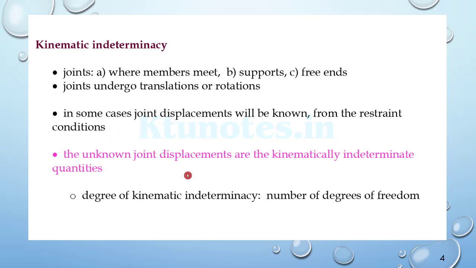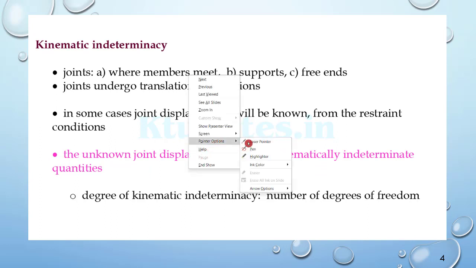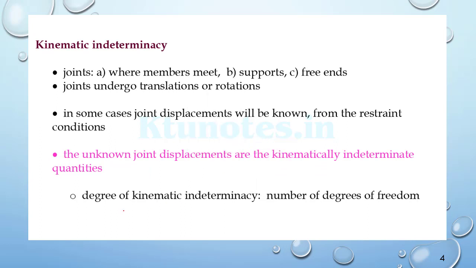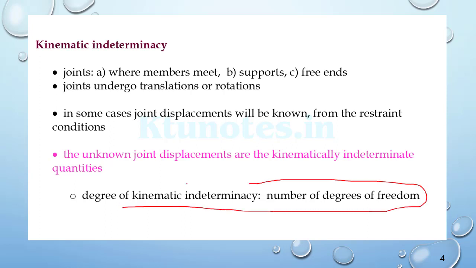The unknown joint displacements are the kinematically indeterminate quantities. So please note that unknown displacements are the kinematically indeterminate quantities. The degree of kinematic indeterminacy is the number of degrees of freedom.